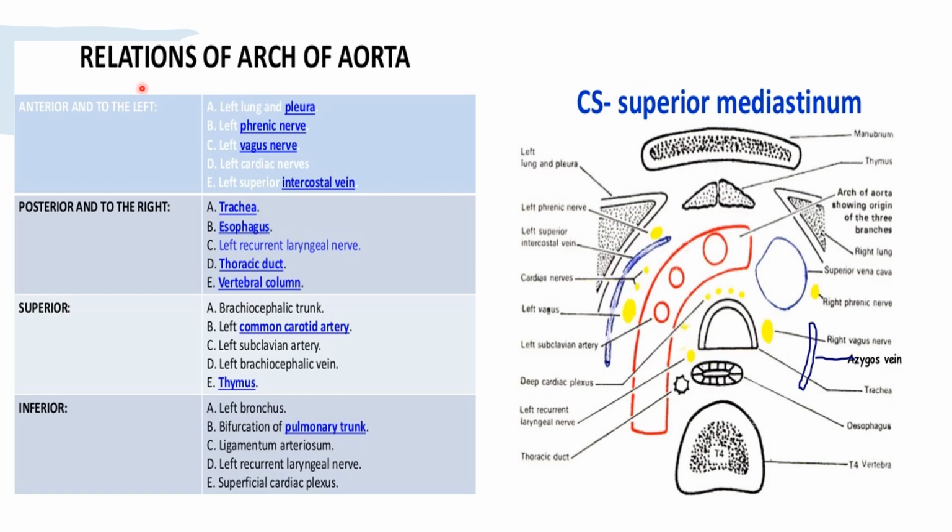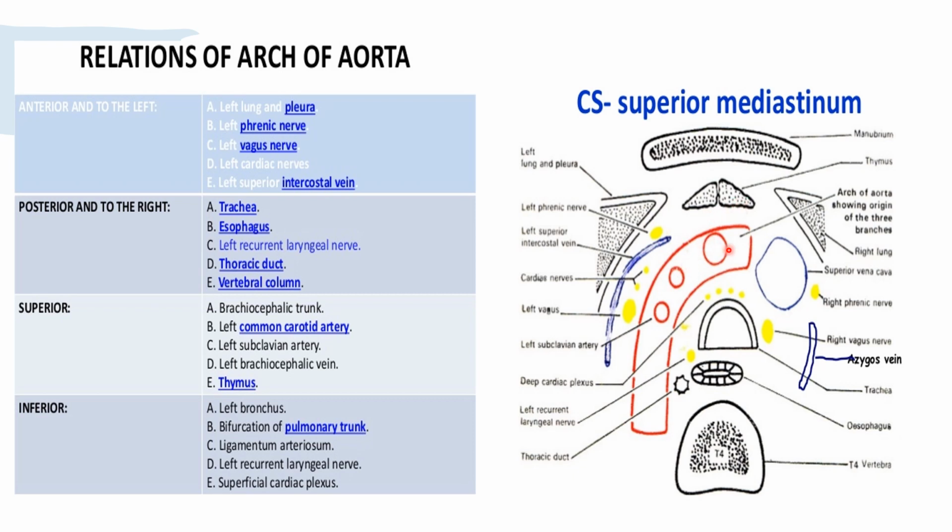Now coming to the relations of the arch of aorta, which is very, very important. We will see the anterior and left relations, as you can see in this diagram: the arch of aorta with 3 main branches, brachiocephalic trunk, left common carotid and left subclavian artery.